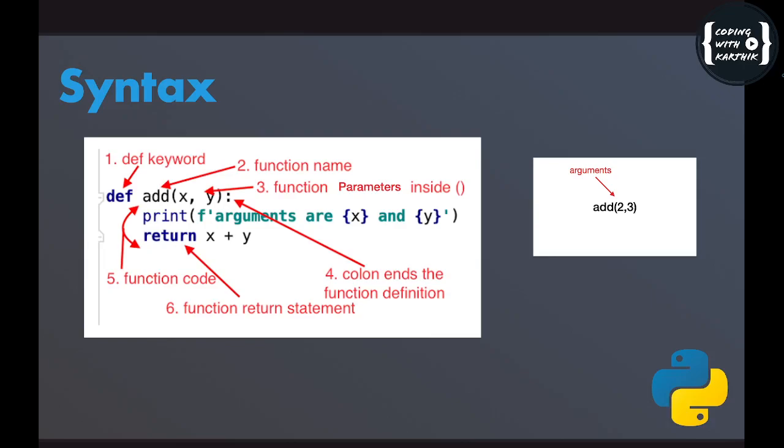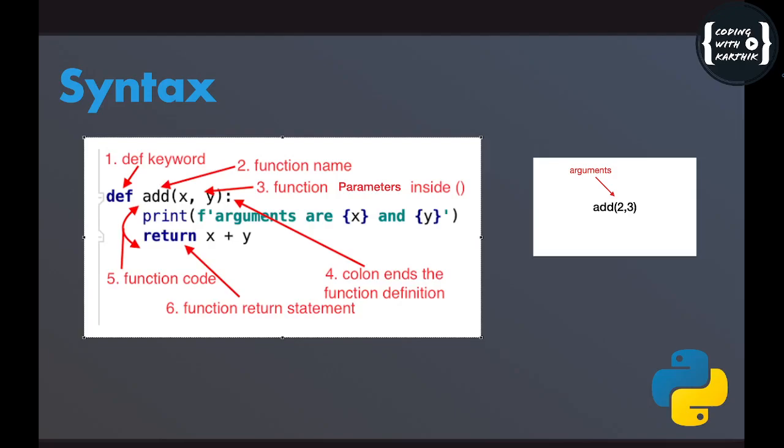And now the syntax. On the left side is the function definition, and on the right side we are calling that function. In Python we use the def keyword to create the function. Here add is the function name, and x, y are the function parameters. Inside, we have given indentation, and with the same indentation we have the set of instructions, which is the function body or function code.